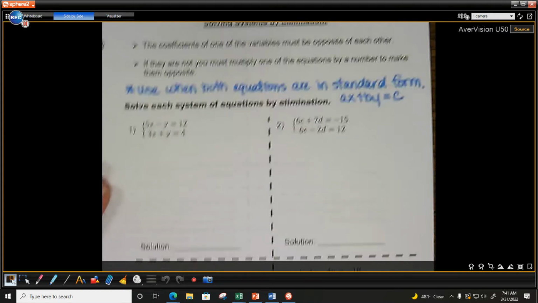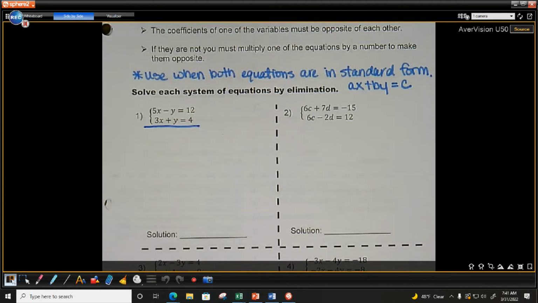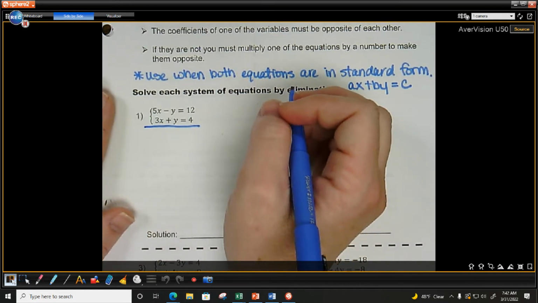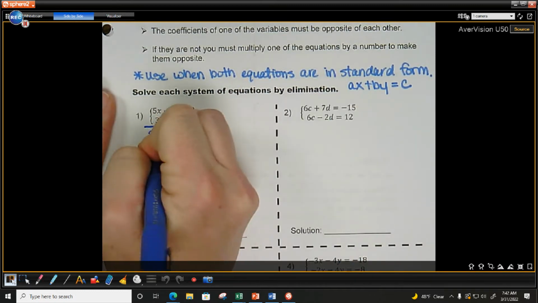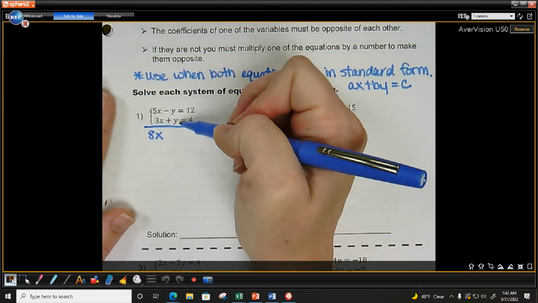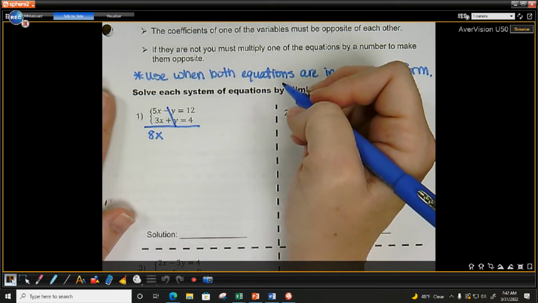Okay? So what we're going to do is we're going to draw a line under this, and we are going to add vertically. Add your like terms. Add the x's, add the y's, drop down your equals, add the constants. What's 5 plus 3? 8. So 8x. What's negative y plus y? Why do you think this is called elimination, guys?